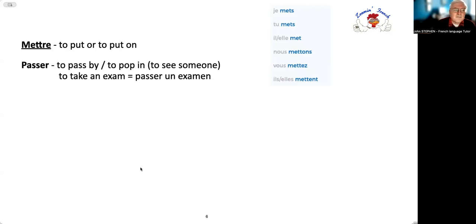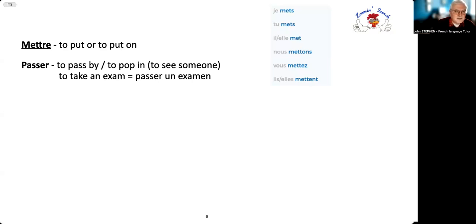Then we go to the verb passer. Passer means to pass by or even to pop in to see somebody. And it also means, funnily enough, to take an exam, for example. So passer un examen does not mean to pass an exam, as you might think. Like in English, if we say pass an exam, it means you've succeeded. Well done. No, in French, it just means to actually take it.